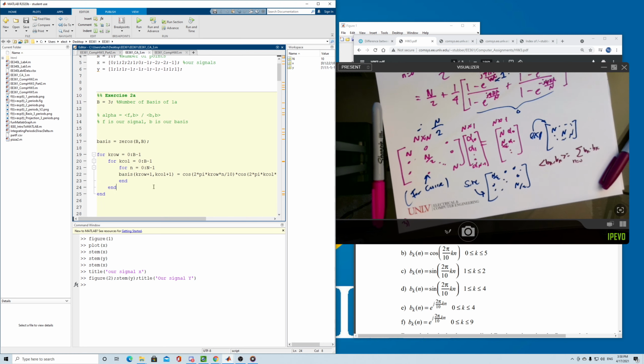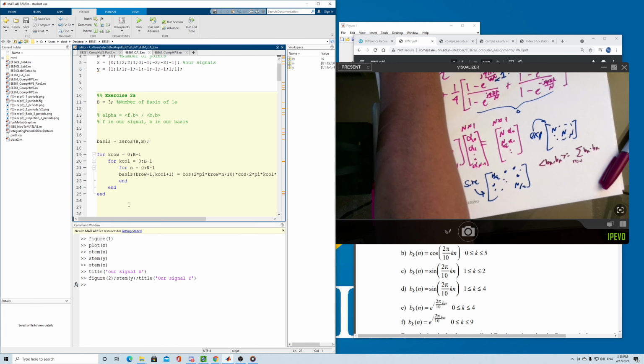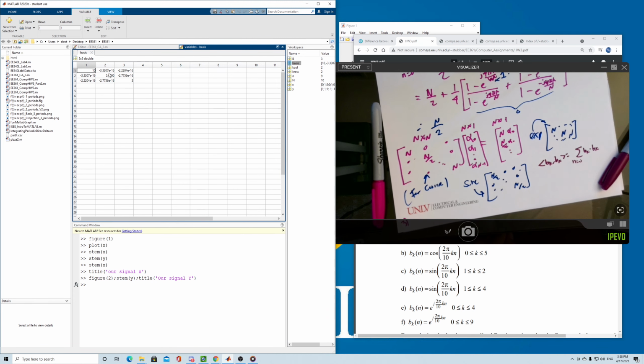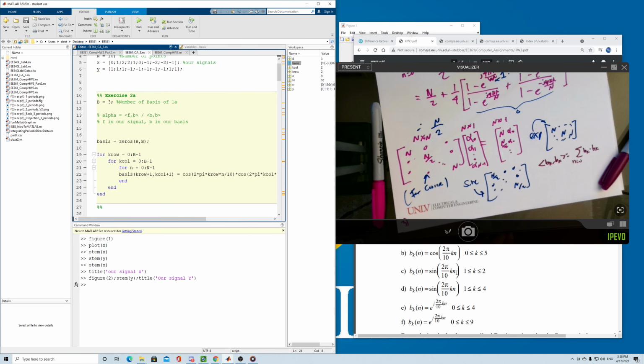So since this is 0, we're just going to get this back, and I will put parentheses around this, run that, and let's look at our bases. Oh, look at that. We got 10, 5, and 5. And then this e to the minus 16, don't be OCD about it. It's 0, so don't worry about it. But you see how this one starts at 10, 5, 5? Looks pretty cool.